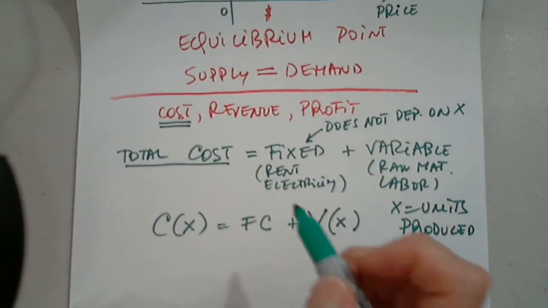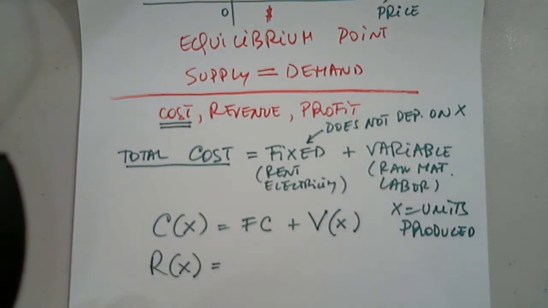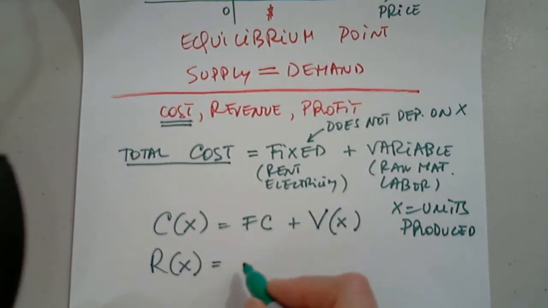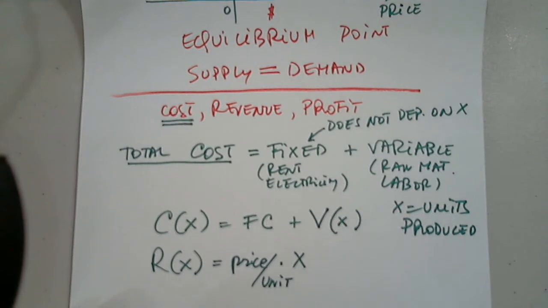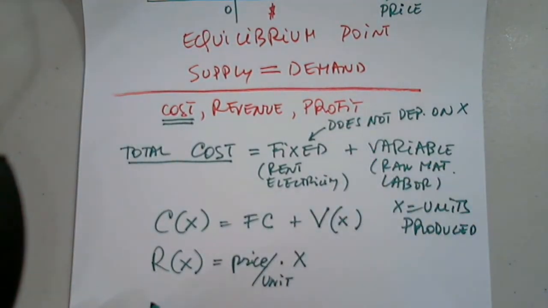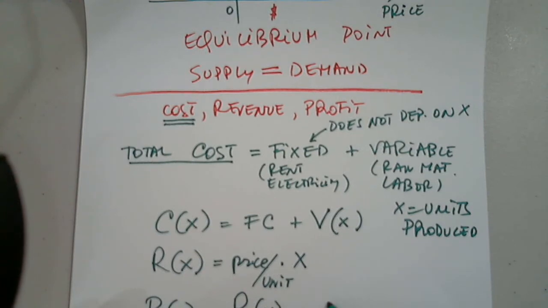Okay. Revenue. Revenue is R of x, which is normally the price times x, price per unit. Finally, the profit is always the revenue minus the total cost.